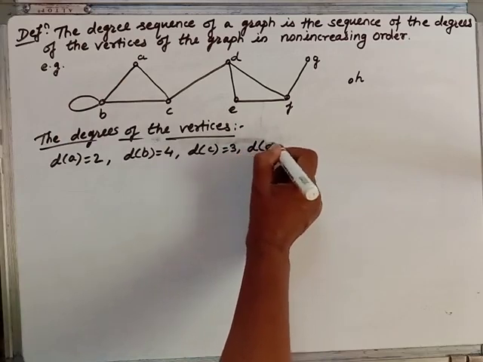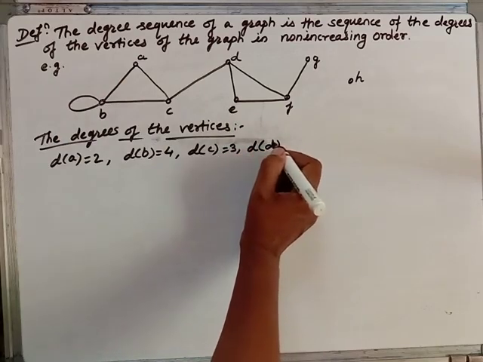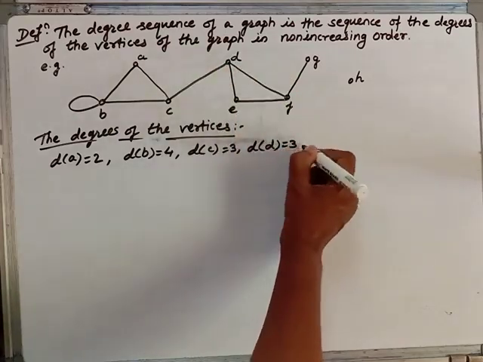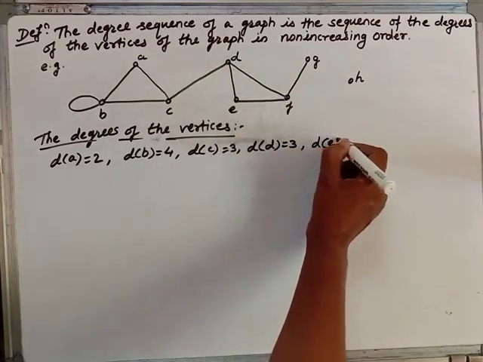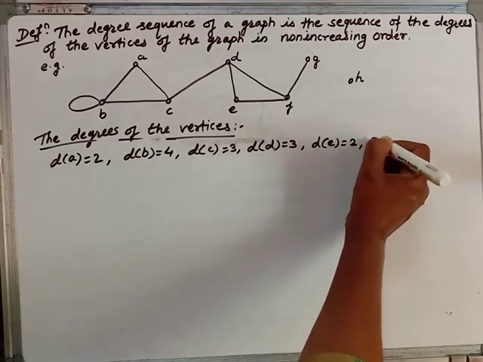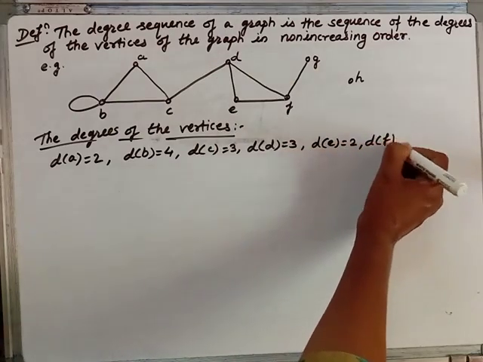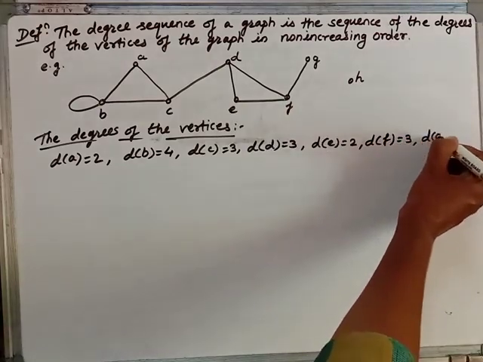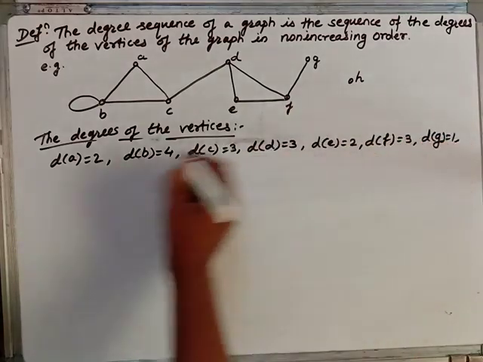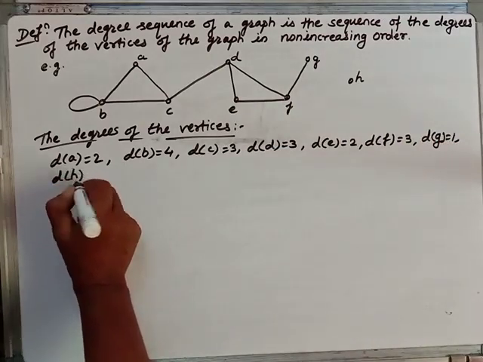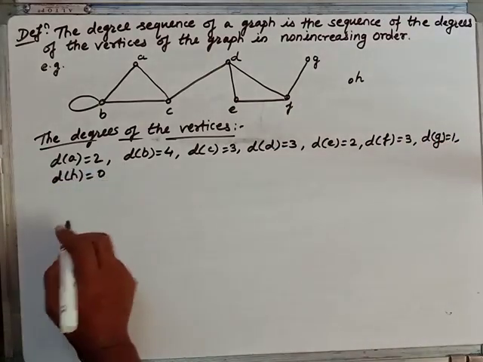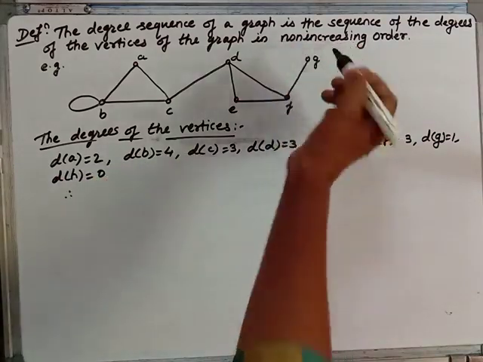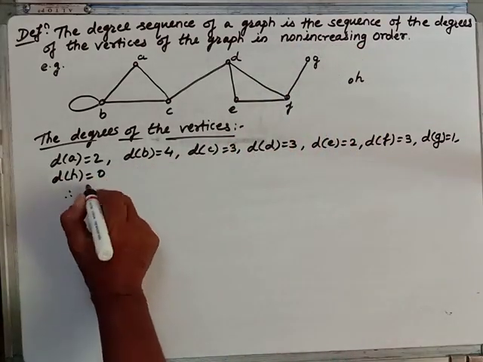Degree of D is again 3. Degree of E is 2. Degree of F is 3. Degree of G is 1. And degree of H is isolated, so 0. Now we have to arrange these in non-increasing, that is decreasing order.